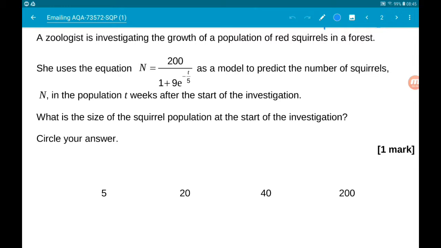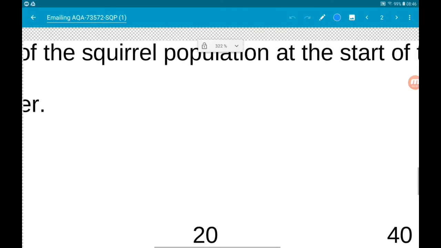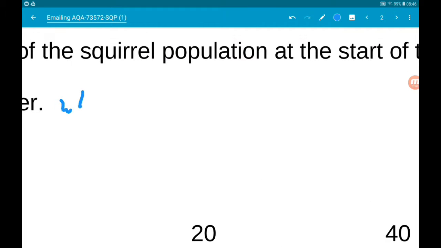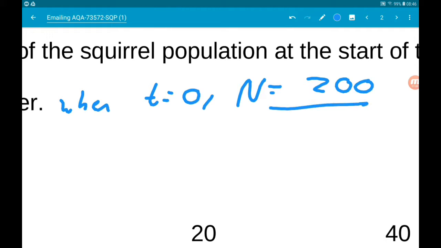We want to work out the number of squirrels at the start of the investigation. So, at the start, t is equal to 0. So, when t is equal to 0, n is 200 over 1 add 9e to the power of 0.